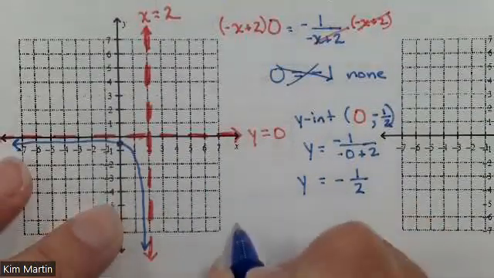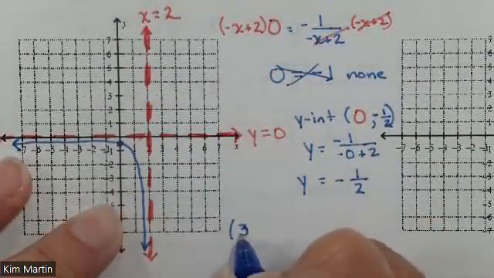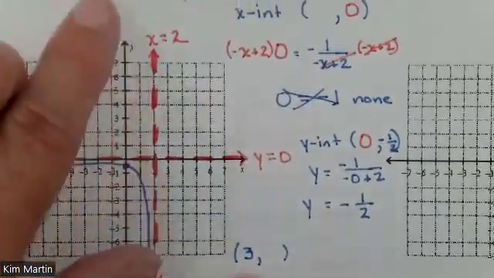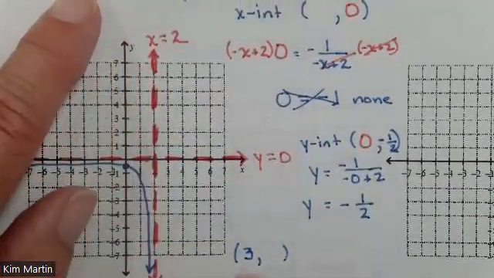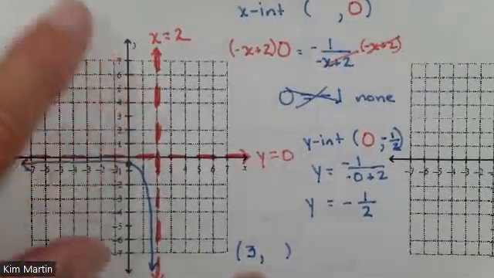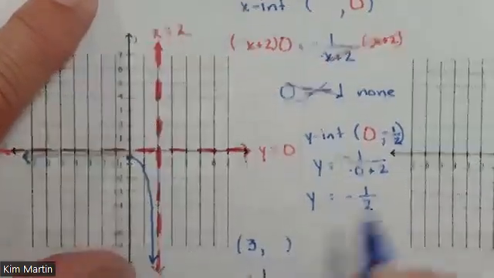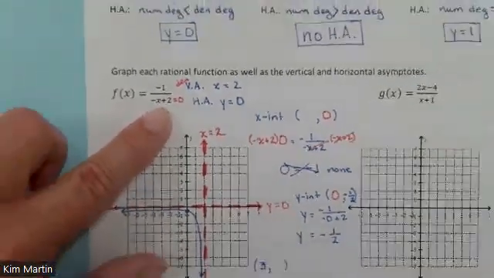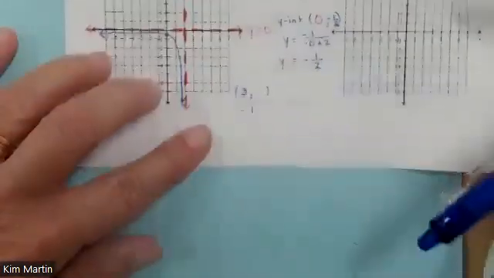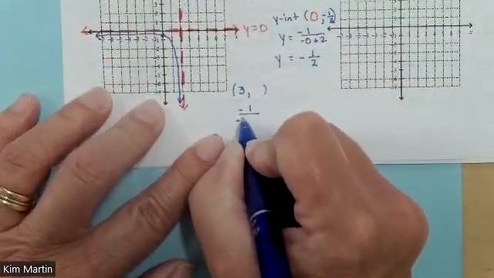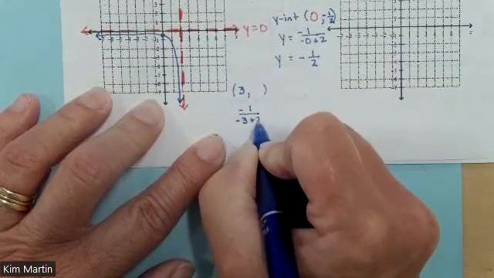If I pick 3, all I do is take that 3 and substitute it in here. Remember the table of values where you picked a bunch of x's and plugged them in? That's all we're doing. I get -1 over, when I plug in a 3, it becomes -3 because of my function.